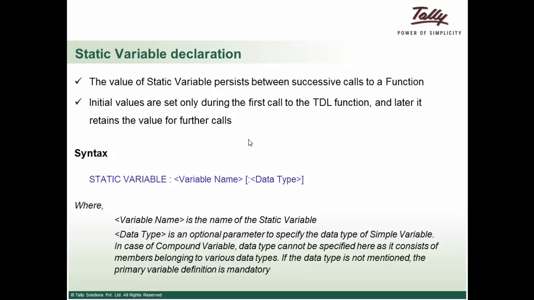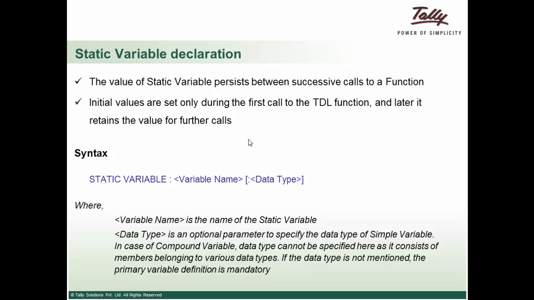When it comes to static variables, the value of the static variable will persist between successive calls to a function. Initial values are set only during the first call of the TDL. Later it retains the values for further calls. So for example, initially when a variable is called, you provide a default value.